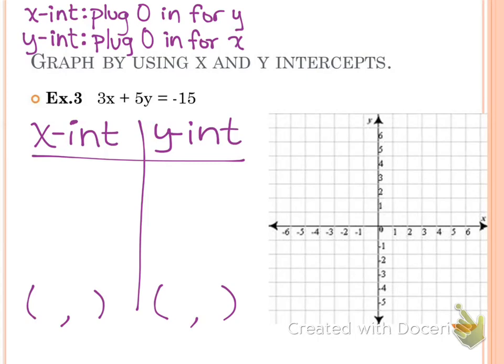Okay, so let's give this a try. We're using this equation to find my x-intercept. I'm plugging 0 in for y. This is kind of like a throwback to those warm-ups. That's why we did them. So we have 3x plus 5 times 0 equals negative 15. What's 5 times 0? 0.